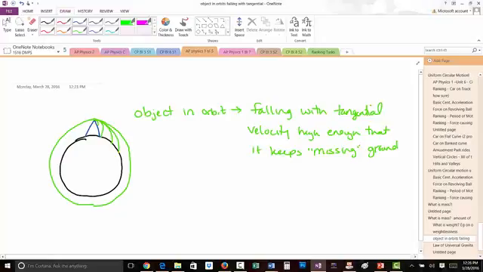Or the ground keeps falling out from underneath it, or something to that effect. That's all that an object in orbit is doing.